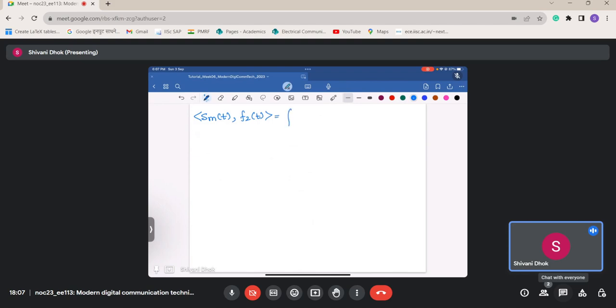So this comes out to be the integral from 0 to T of SM(t), we write it from the second line, g(t) times the bracket cos theta m cos 2 pi fct minus sin theta m sin 2 pi fct, whole thing multiplied by minus root 2 by Eg g(t) sin 2 pi fct dt.